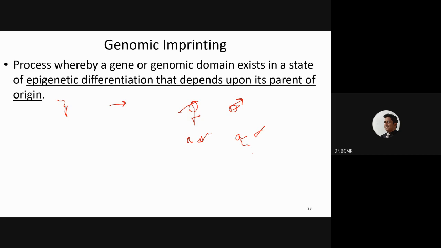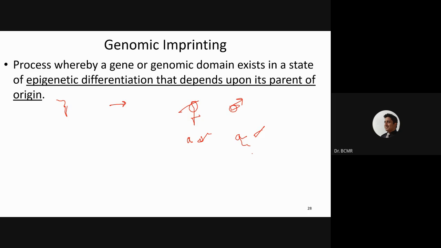If there is a change in the base in the nucleotide sequence, then we would call that a mutation. But if there is any modification other than a change in the sequence, then we would call it epigenetic modification. Typically, the most common epigenetic modifications are DNA methylation and histone modifications. There are also others, like the chromatin architecture, nuclear localization, and other things, which we will discuss in the later classes.